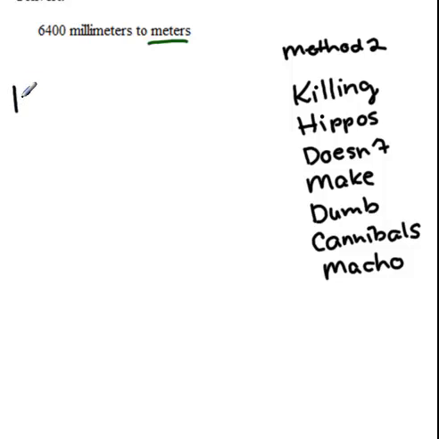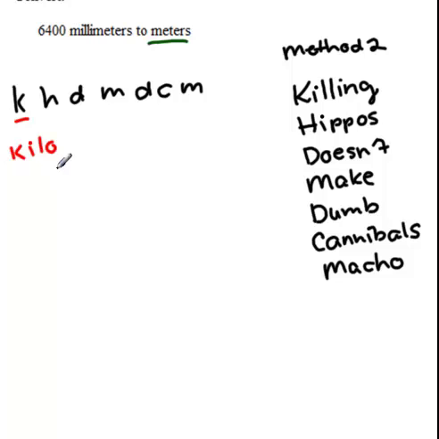Each letter stands for a unit of measurement in the metric system. Killing hippos doesn't make dumb cannibals macho. The K stands for kilo. Kilometer, kilogram, kiloliter.